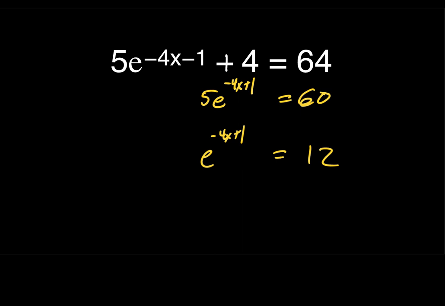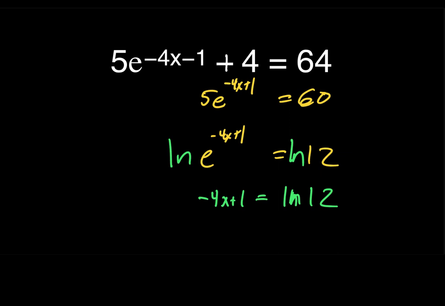Then do the same thing. Take the natural log of both sides. When I take the natural log of both sides, is what you get, because natural log and e are inverse functions.